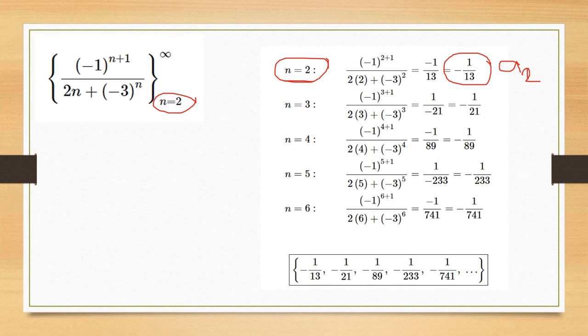However, since this is our first term, others preferred it to have as a sub 1, just to indicate that this is our first term. And this one is our second term, third, fourth, and our fifth term.